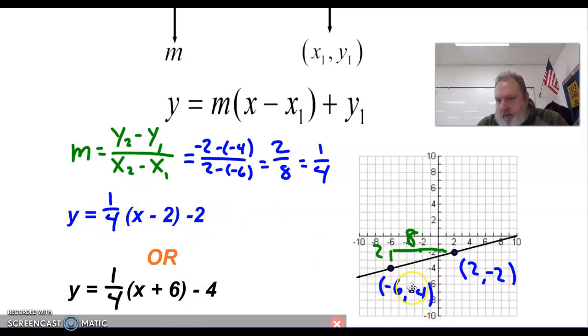Or we have this point, -6, -4, and our slope. Again, the key takeaway in the parentheses, the x value is the opposite sign. So negative right here, positive right there, because we're subtracting it. So that is point slope form. You need a point on the graph, you need the slope, and from there you can graph.